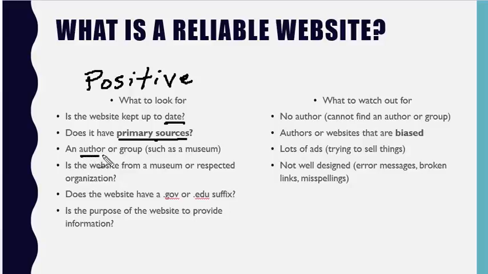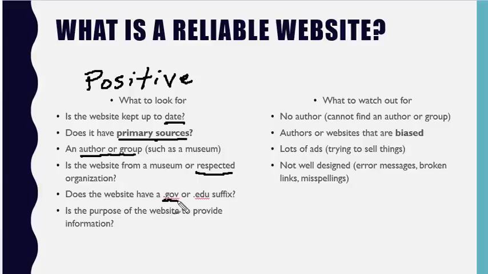It's got to have an author or group, somebody who is responsible for the information on the website. Museum is always good. Is the website from a museum or respected organization? We'll talk about what respected organization means more, but just to give you some examples, PBS would be respected, National Geographic, things like that. Whereas Wikipedia is not really that respected.